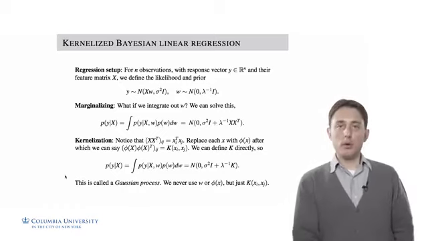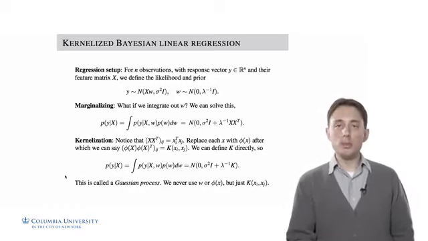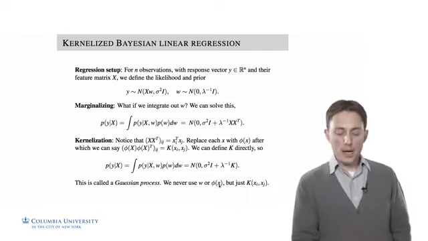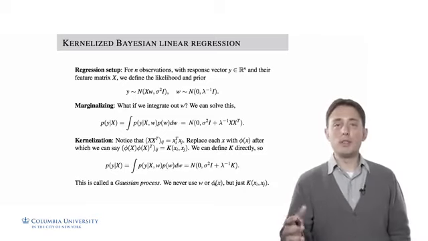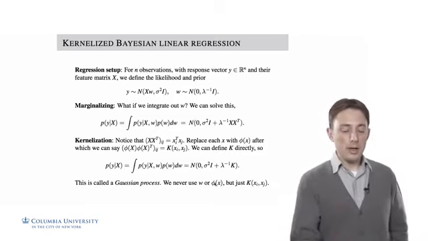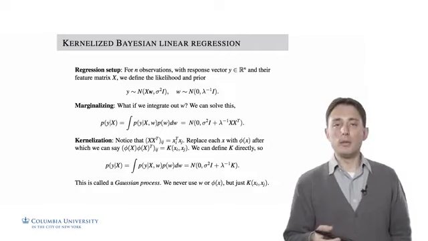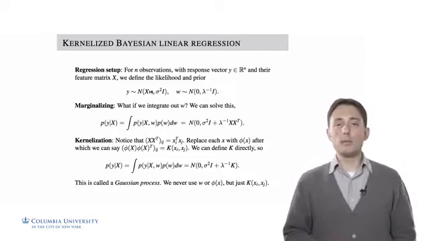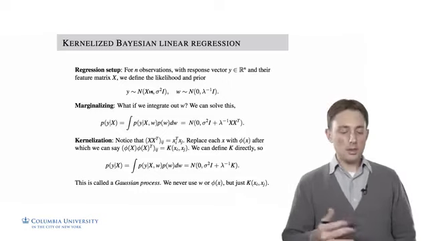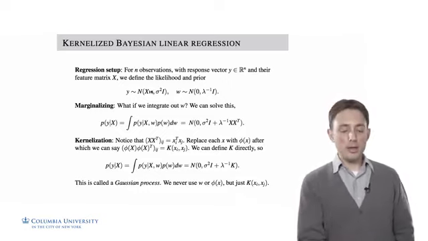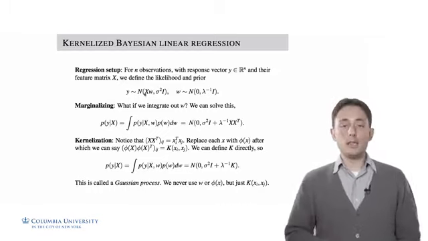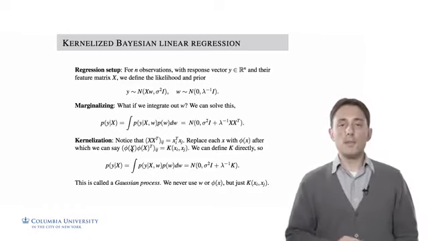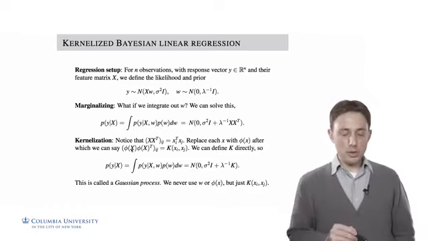So let's notice, before we move on, why this could possibly be useful, at least right off the bat, something obvious about it. So imagine that this function is extremely high dimensional. Maybe it's even infinite dimensional. Then this vector w is infinite dimensional as well, or it could even be a function. There's no chance that we could possibly learn this vector w. We can't even store it in memory. And there's also no chance that we could construct this matrix x, or the function phi of x, because each column would be infinite dimensional.